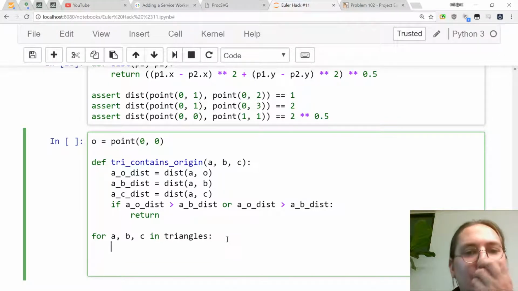Is it supposed to be AB dist in both cases? It's the same as AC or CA.